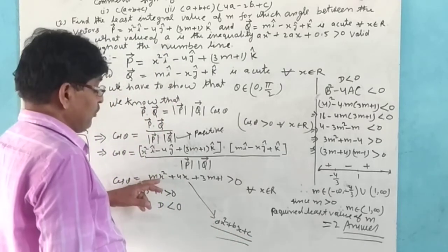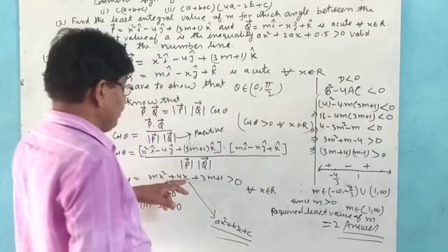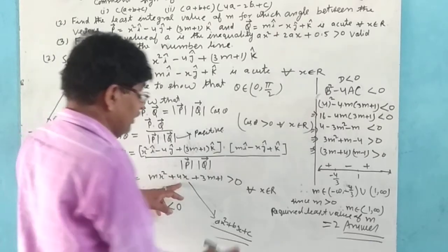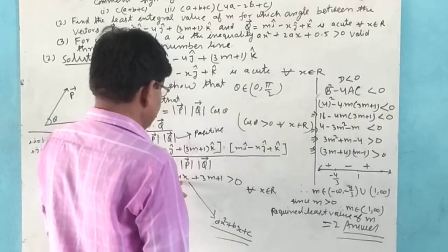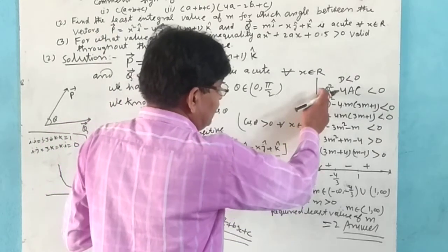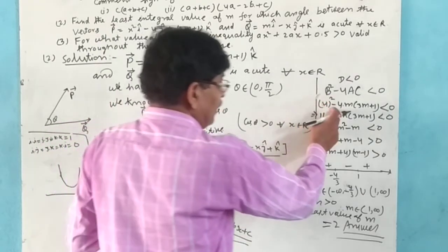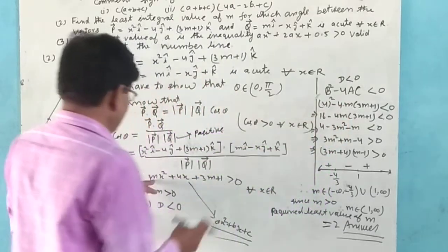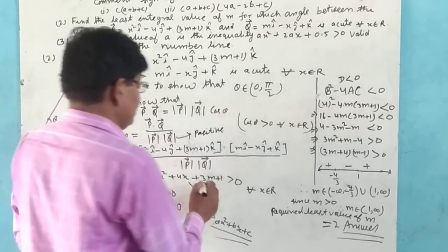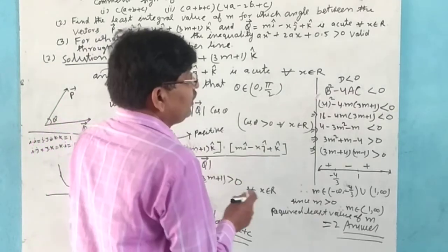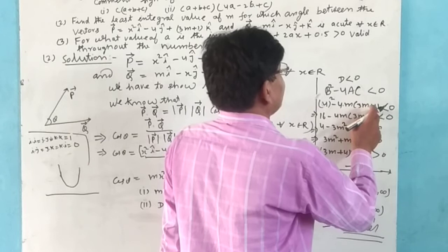Here b is the coefficient of x, which is equal to 4, so b square minus 4ac gives 16 minus 4 times a, here m, times c, here 3m plus 1.